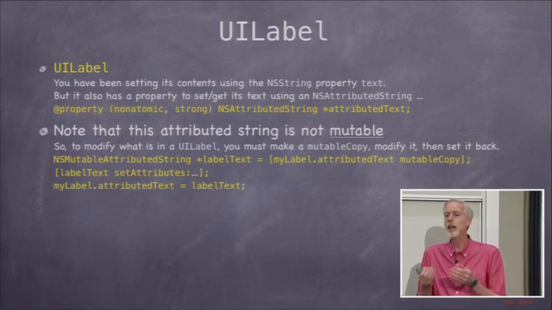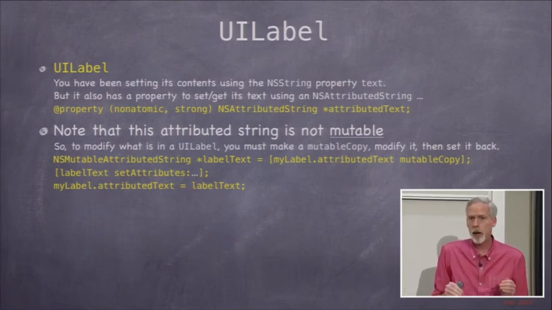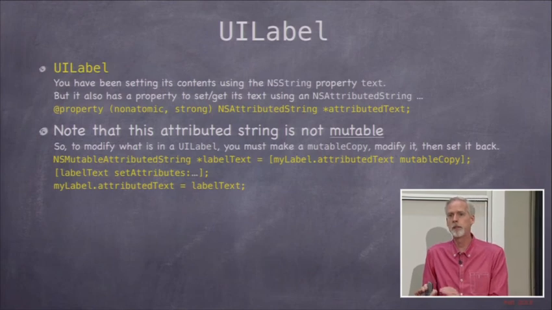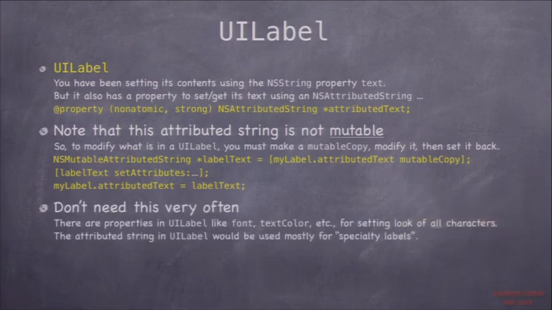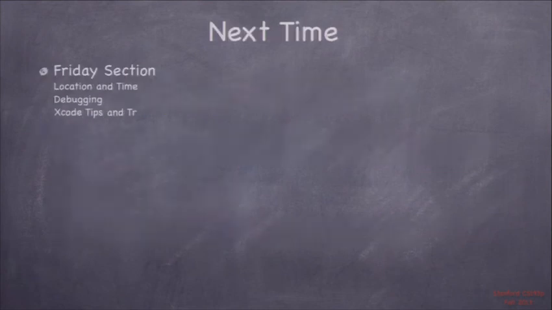You have to get it, create a mutable copy, modify the attributes, put it back. You don't need to do this very often on labels. Labels don't usually have attributed text on them that much, maybe to set the color, possibly if they're specialty labels that are kind of specifying something that's not just normal text. So it's not that common to do on UILabel.